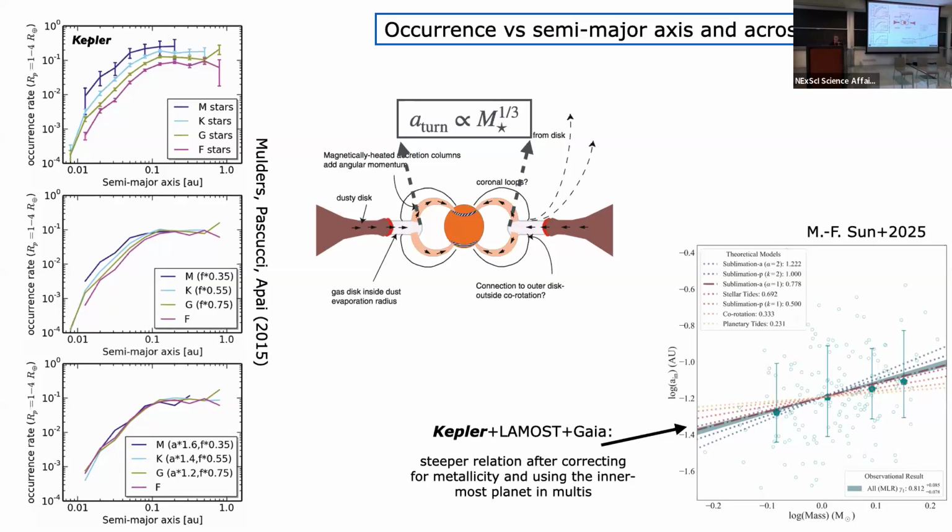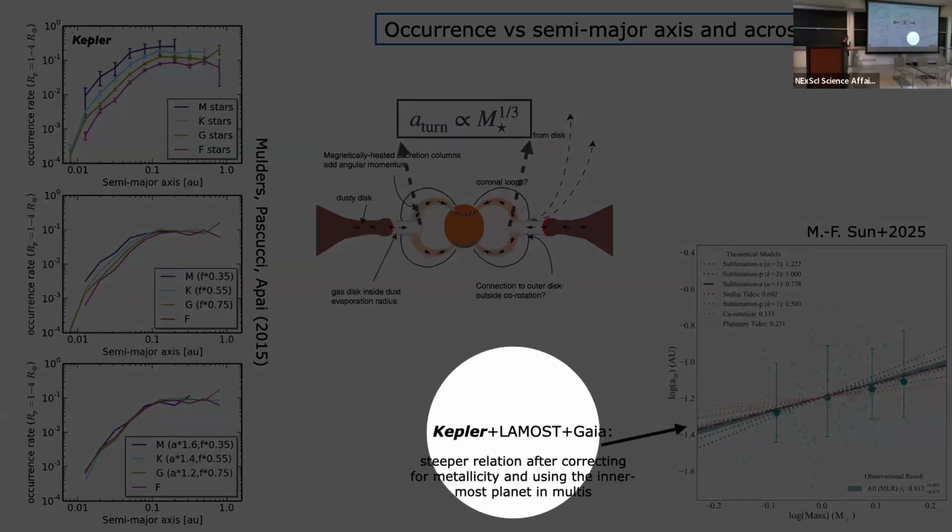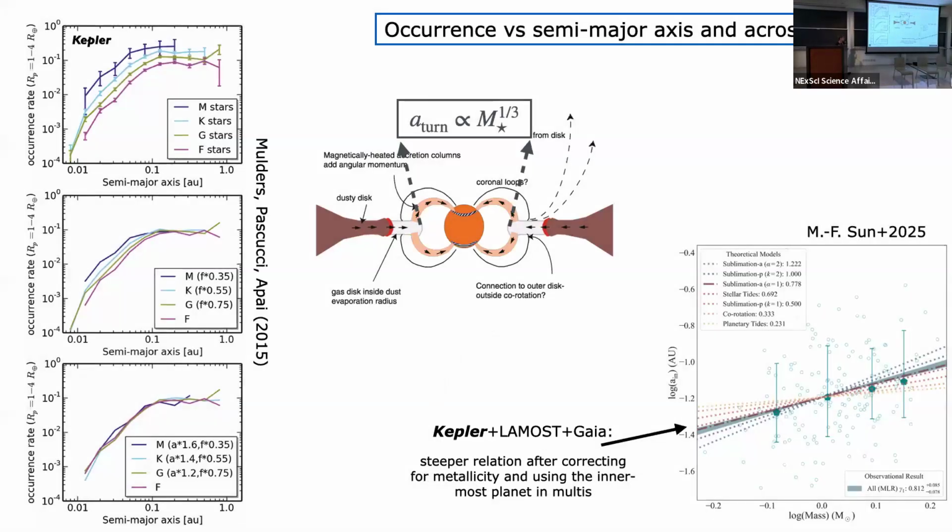So in this newer paper, the authors have corrected for stellar metallicity, and they focus on the location of the turnover as a function of stellar mass, but for the innermost planet in the multi-planet system. And what they find is that the relationship is steeper than what we got by looking at the average occurrence rate.